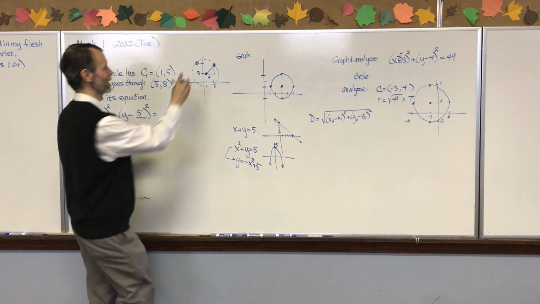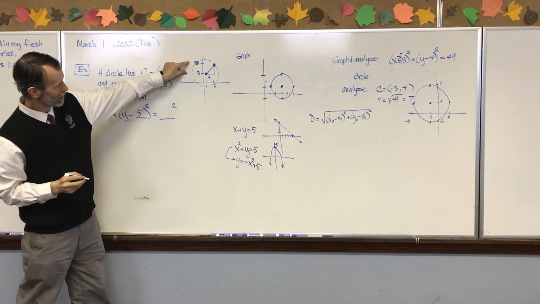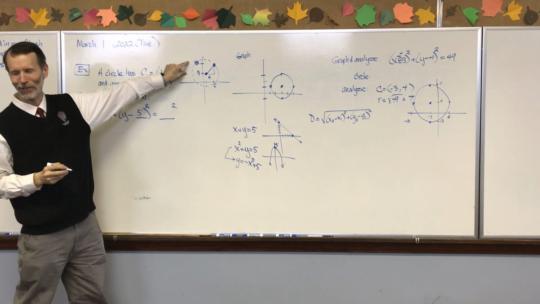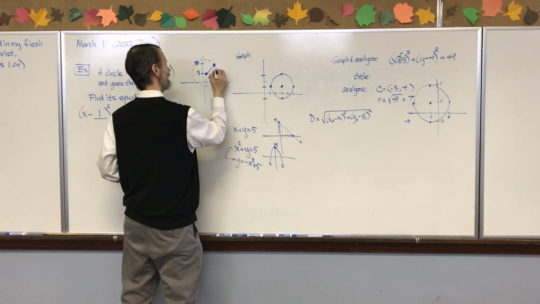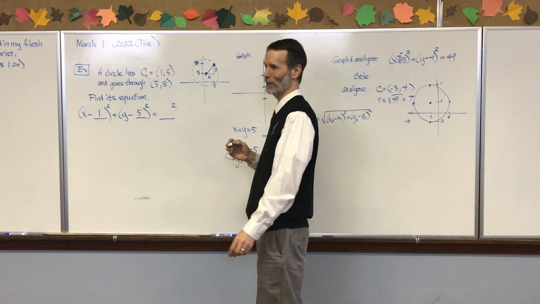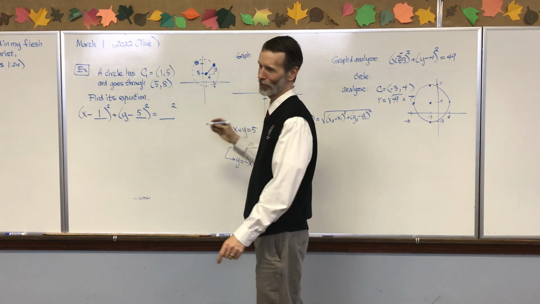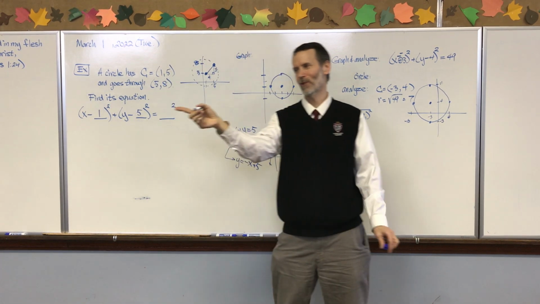This is an 8, by the way. This is 5, this is 8. 3, thank you. What shape did we just make? Oh, geometry people? What kind of triangle? A right triangle. What formula always works with a right triangle?